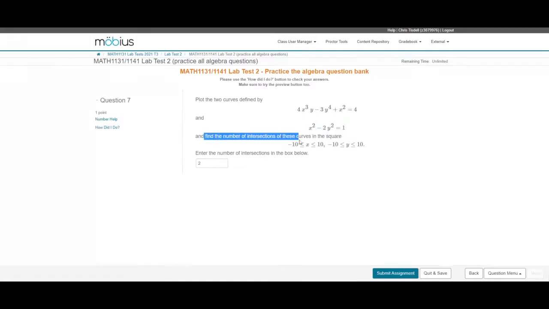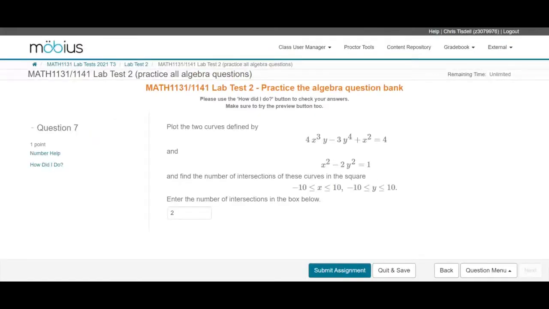Find the number of intersections of these curves for x between positive and -10 and y between positive and -10. So what they want you to do is use the implicit plot command. Okay, so let's go over to Maple and we can have a little look.